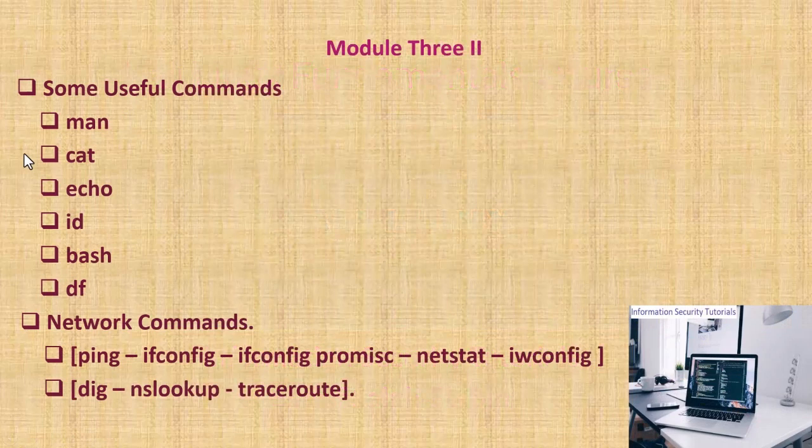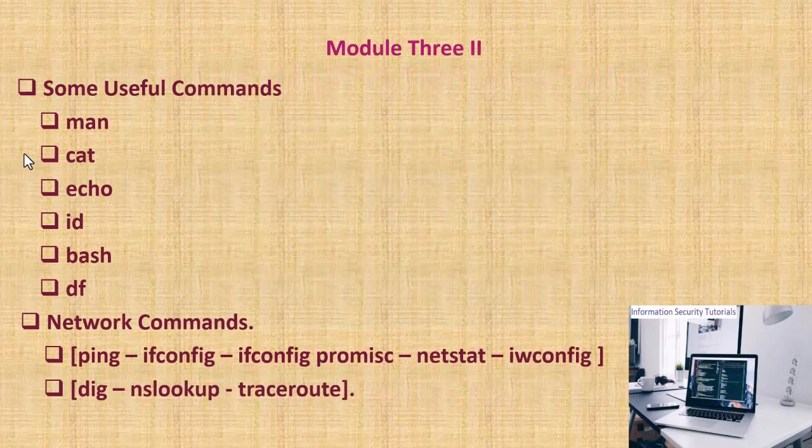Then we will talk about the bash command, which is used to run bash scripts if you are going to write your customized tool that you will use in your penetration testing. If it is written in the bash language, you can use this command to run such scripts.